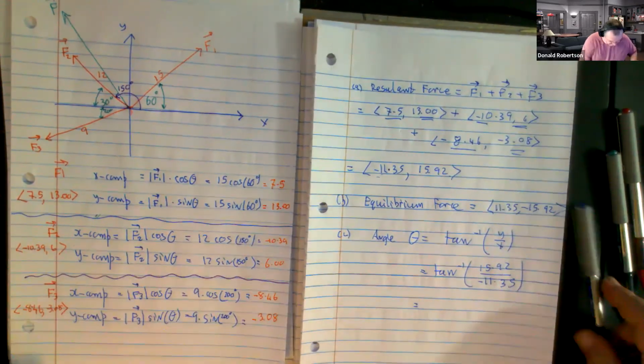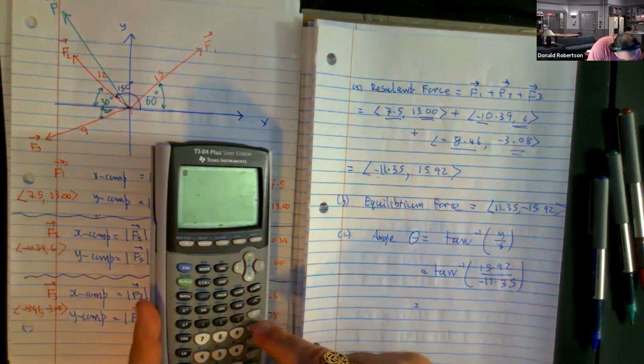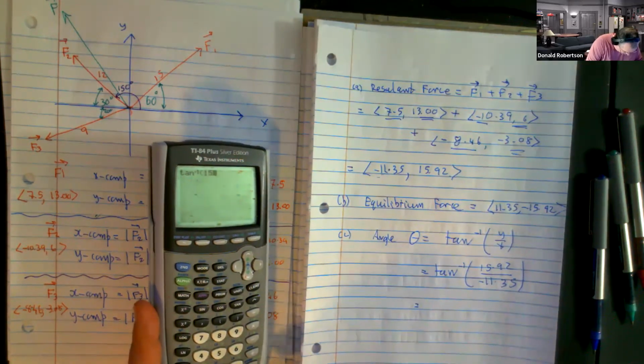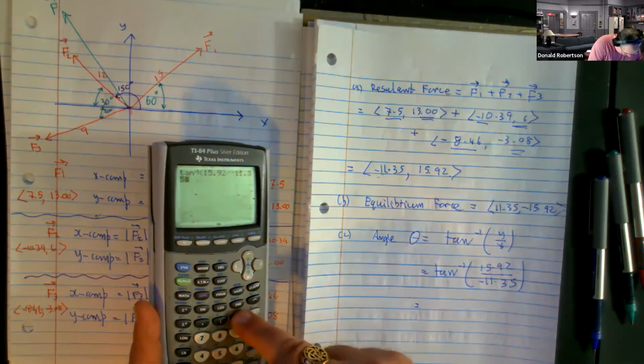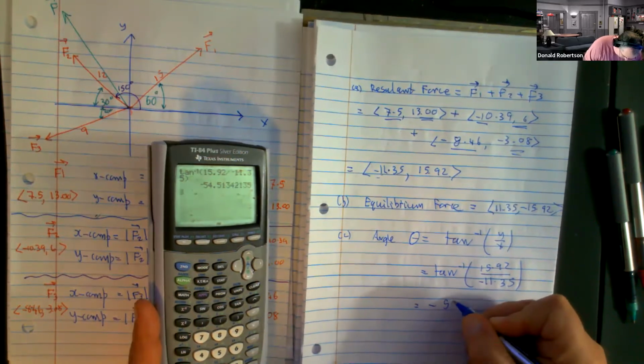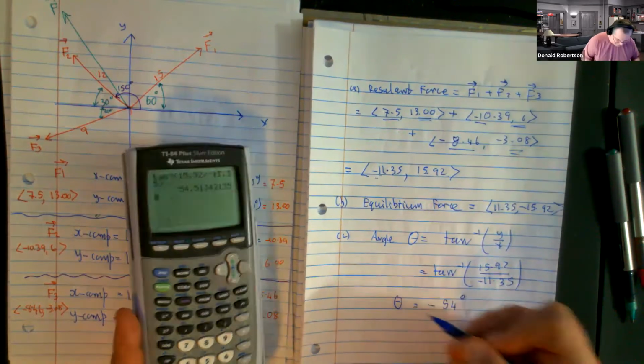And the reason I wanted to do that question is because we need to know how to deal with this result. You're going to get a negative angle in a minute, I believe. And the answer you get is negative 54, let's say in nearest whole number, negative 54 degrees.